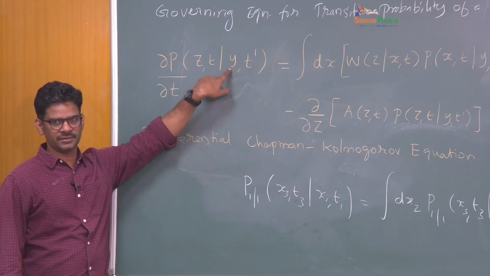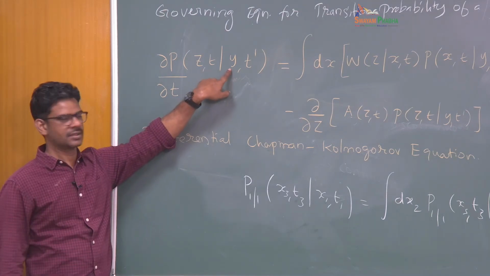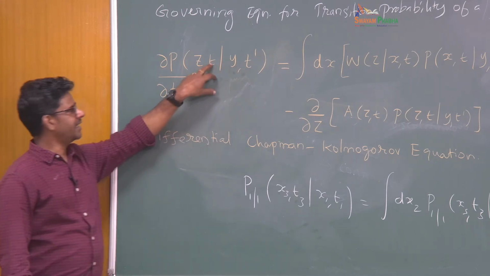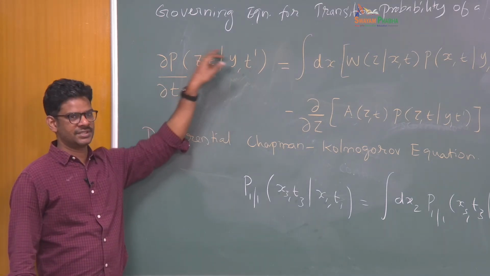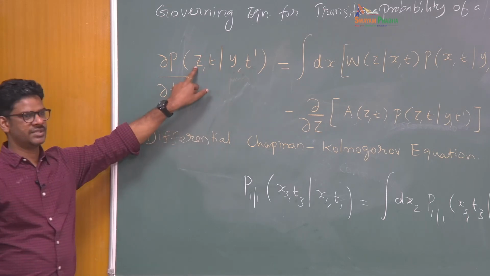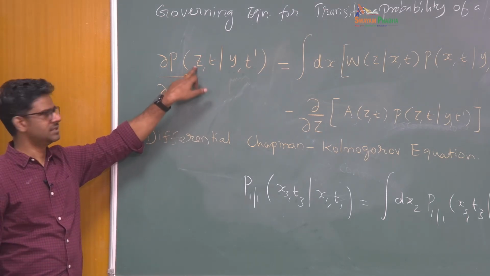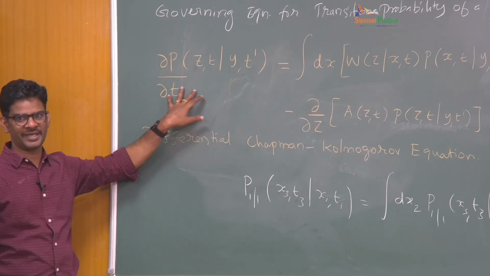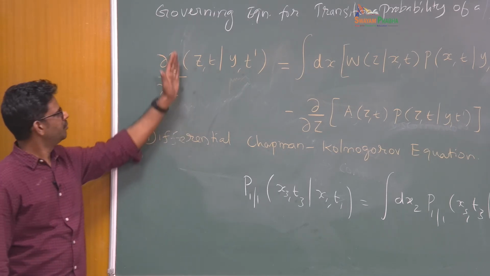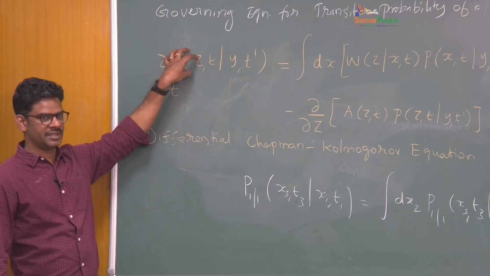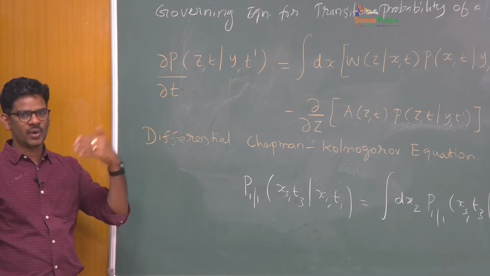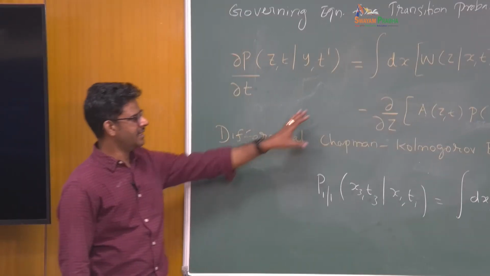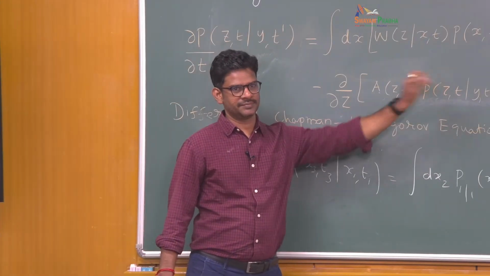Y can be a vector, it can have multiple components, and then we are asking, conditioned on this state at time t larger than t prime, what is the probability that the state will go to z? Now we are talking about the rate of change of this probability with respect to time. The p alone is a conditional probability, but here on the left hand side we are writing the rate of change of this transition probability, and that has three components here.